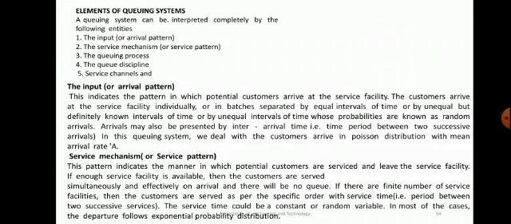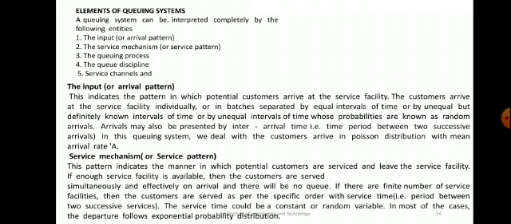The input. This indicates the pattern in which the potential customers arrive at the service facility. The customers arrive at the service facility individually or in batches separated by equal intervals of time, or by unequal but definitely known intervals of time, or by unequal intervals of time whose probabilities are known, as random arrivals.